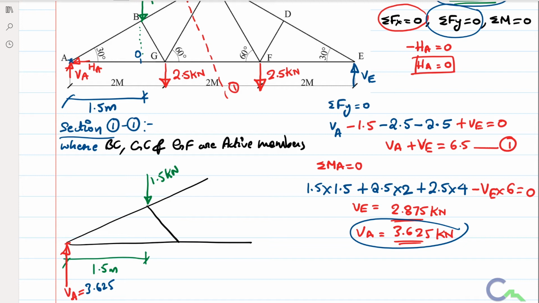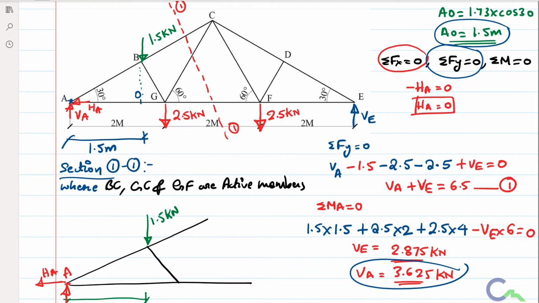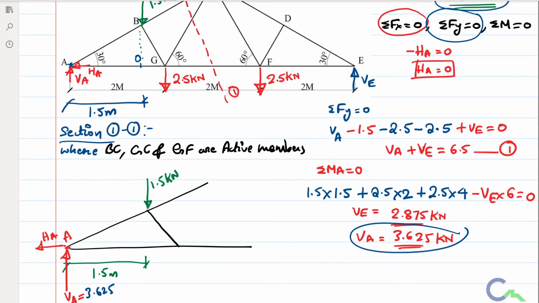HA is 0. I will take as it is. No need to consider. If you are considering also fine, that is HA. Then we have one point force at G, that is 2.5 kilonewton. Then this point is B.